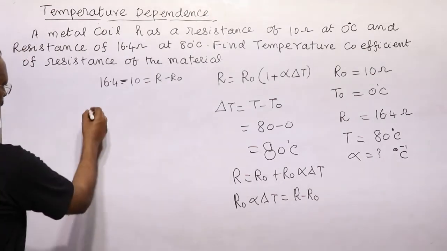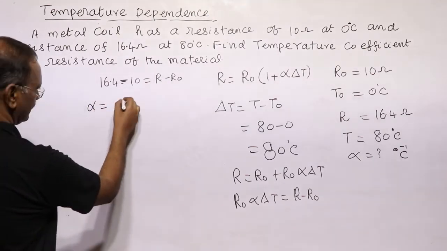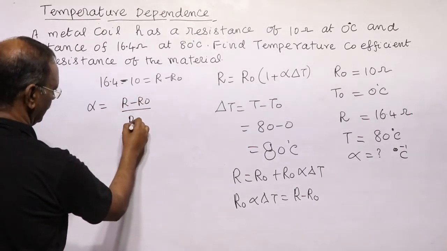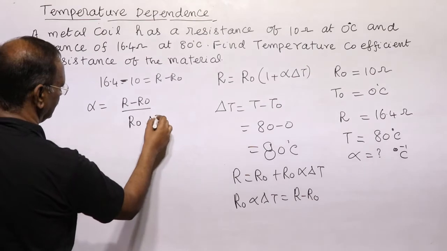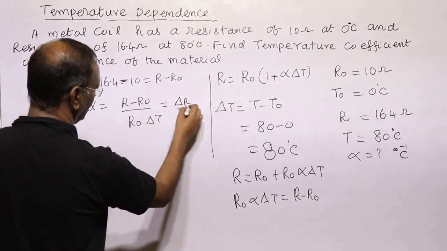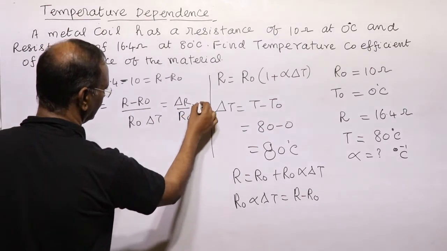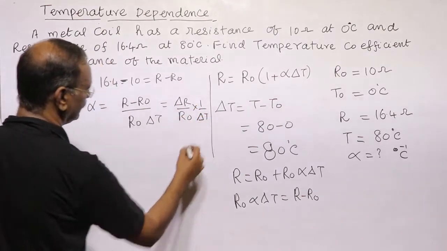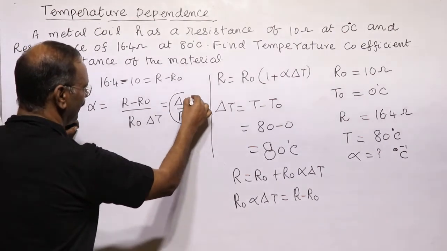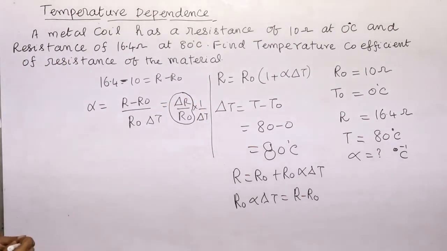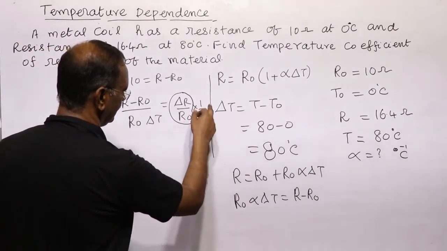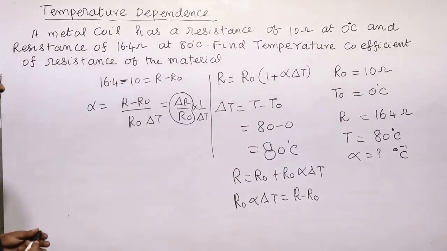Now alpha can be calculated as R minus R naught divided by R naught into delta T, or we can write delta R by R naught into 1 by delta T. This portion is the fractional increase in the resistance due to the temperature rise, per unit rise in temperature.